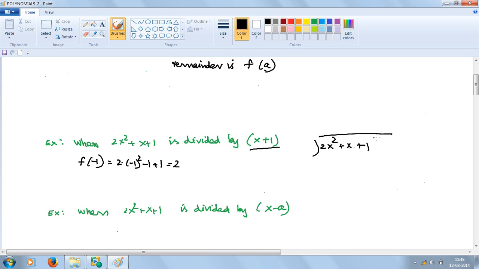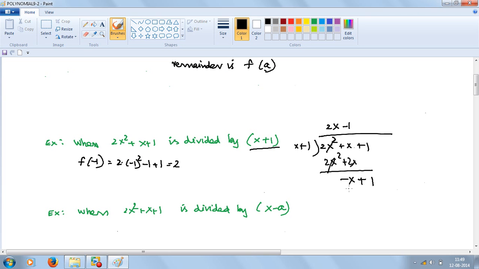When you divide 2x square plus x plus 1 by x plus 1, the first factor is 2x. 2x multiplied by 2x is 2x square plus 2x. We get another 2x. So you subtract it, 2x square is cancelled. x minus 2x will become minus x plus 1. Now the next factor is to cancel minus x, you have to put minus 1.